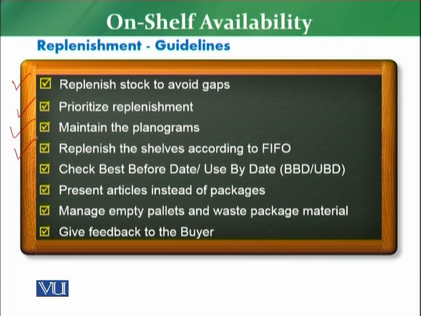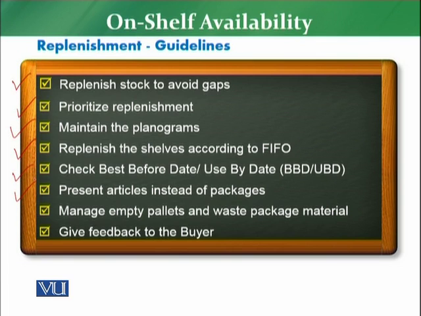Then you need to replenish the shelves according to FIFO, the first in, first out principle, so that you can easily see the expiry dates or best before dates of the products, and the products are sold to the customer accordingly. Then check best before dates or use by dates, as these really help in replenishment.